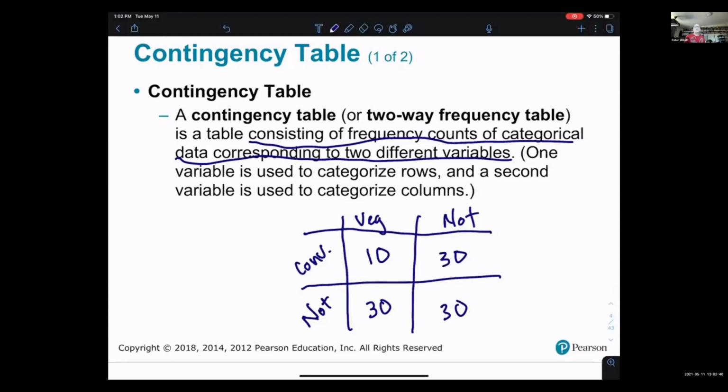But basically we can look at a contingency table and see if there was no difference, no connection, no dependence between the two, and then see in the table whether that bears out or not, or whether the differences in our observed values shown in the table really make us think that whether you're a vegetarian or not seems to be dependent on whether you're a convertible driver or not, or vice versa.